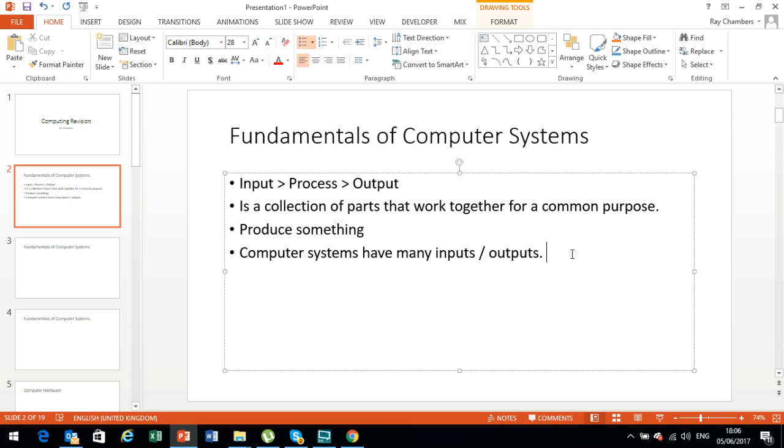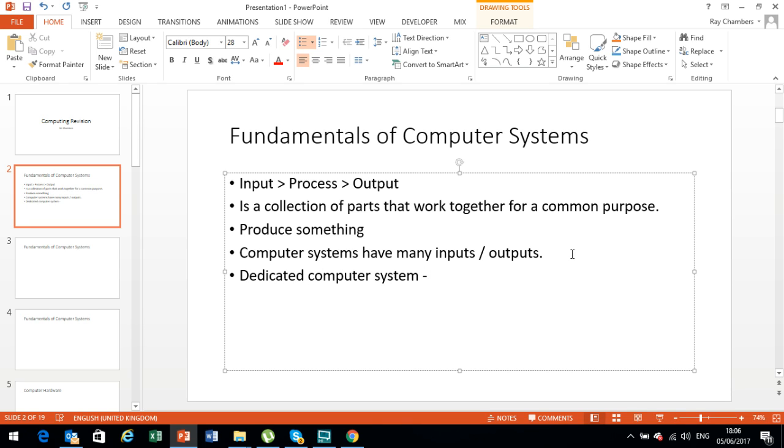They have input devices, output devices, storage and processors. So you can use computer systems for anything out there, and you may get an exam question on that.